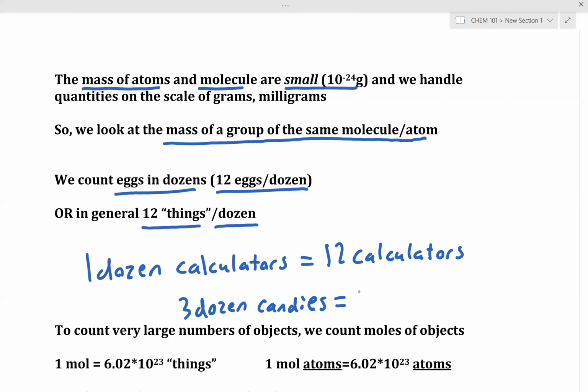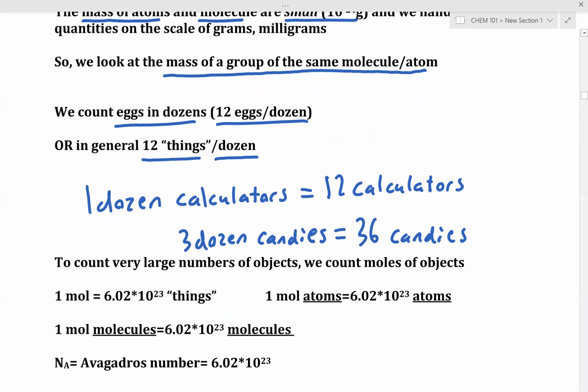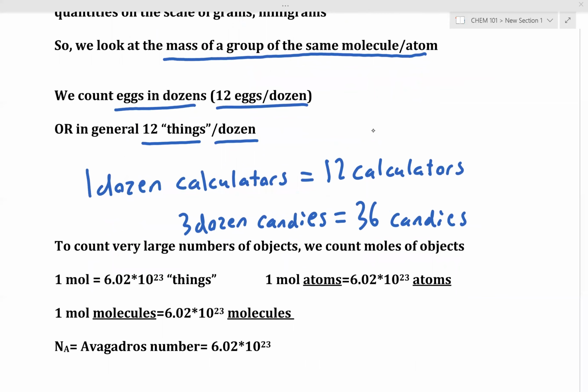We're really fast at doing these relationships and figuring out the amount in a dozen. And not just 1 dozen, 2 dozen, 3 dozen, however many dozen candies we have, we know that a dozen represents 12, right? Now, in chemistry, we're going to count a very large number of objects.